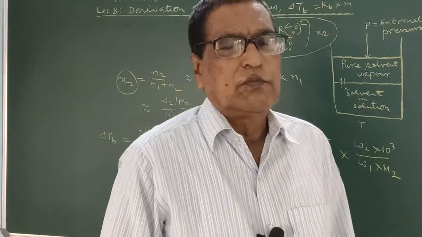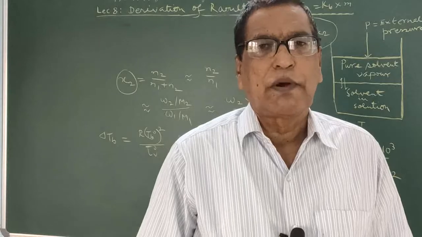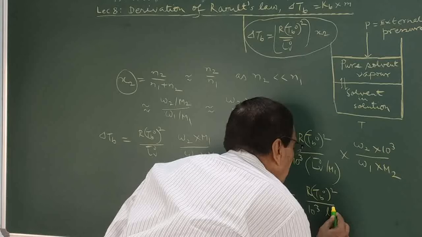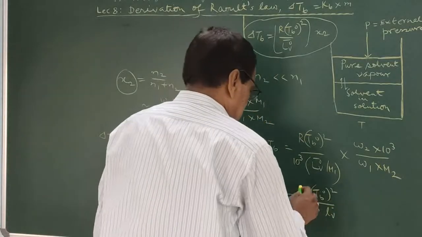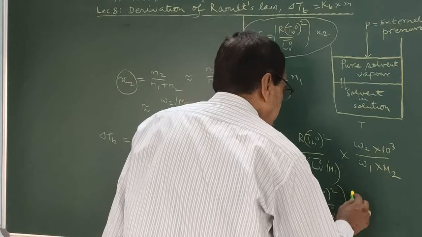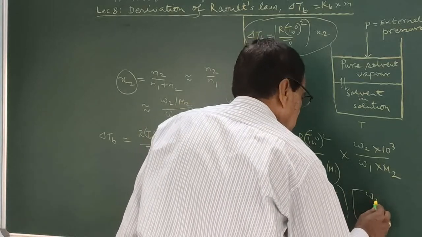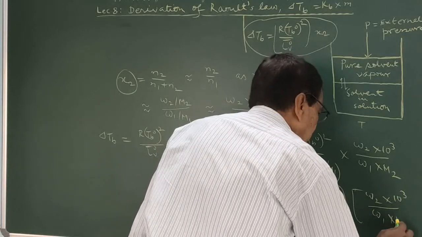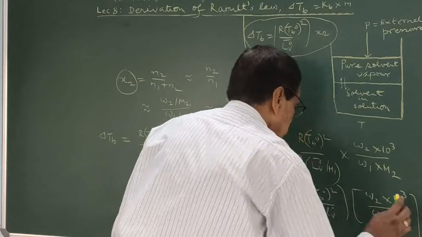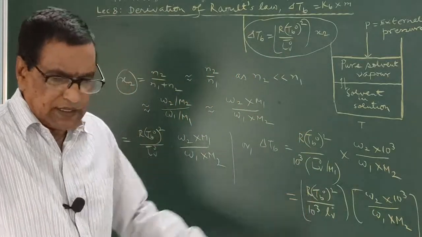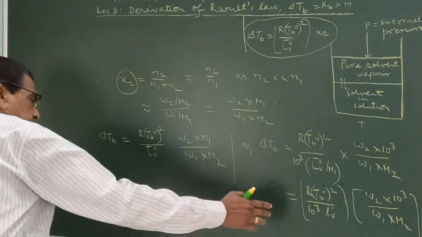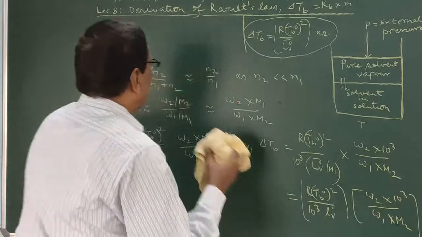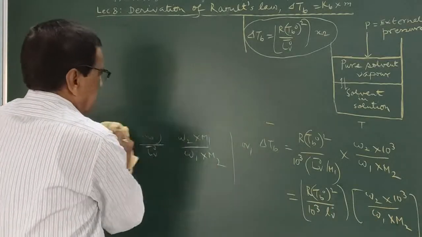It will give you the latent heat of evaporation per gram of this pure solvent, written as Lv₀, and this can be taken in a bracket, and this one is W2 into 10³ divided by W1 into M. So this one again, I can mention is a constant for the solvent, and this is the molality according to our definition.